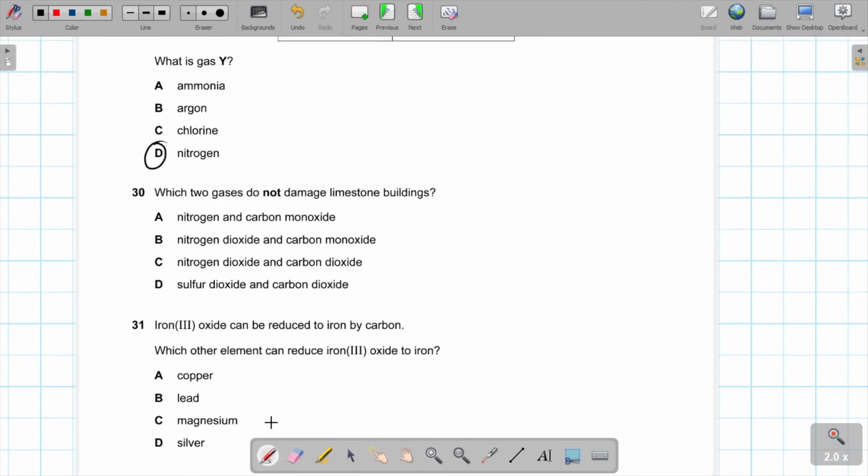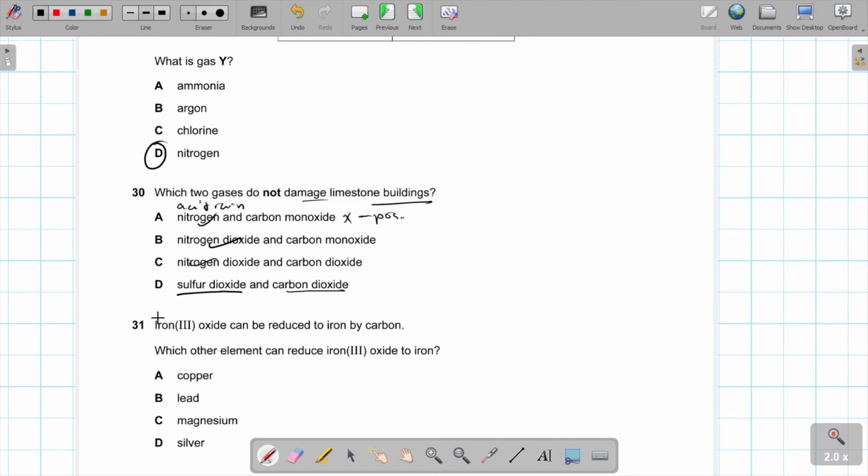Which two gases do not damage limestone buildings? Carbon monoxide doesn't. It's just poisonous. Sulfur dioxide also contributes to acid rain. Carbon dioxide does not contribute to acid rain.